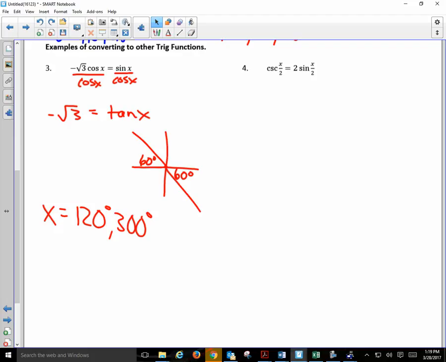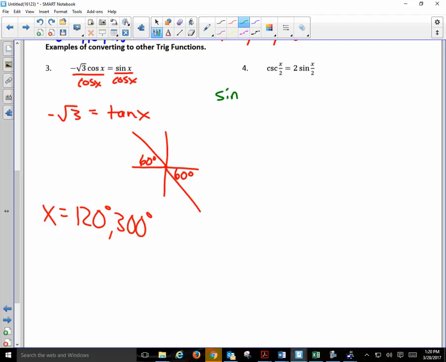Cosecant of x over 2 equals 2 sine of x over 2. Double everything. Great idea, except doubling it will not get rid of the x over 2. It would just be 2 cosecant of x over 2 equals 4 sine of x over 2. 1 over sine? Well, let's take your idea and extend it a little further.